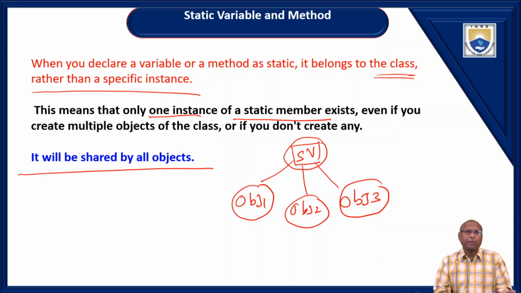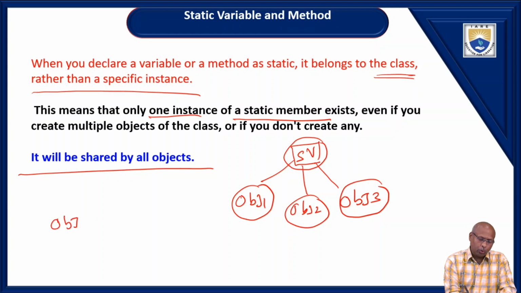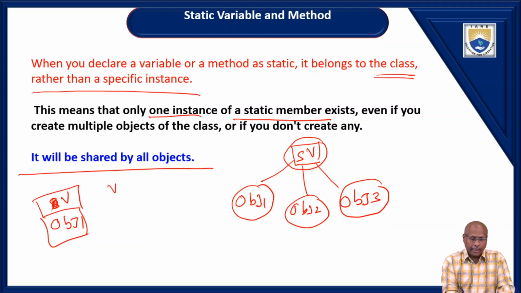So that means automatically your memory is saved. I will give a simple example. Assume I am mapping object 1 with a normal variable, not a static variable. Again, one more variable is there in the second object.